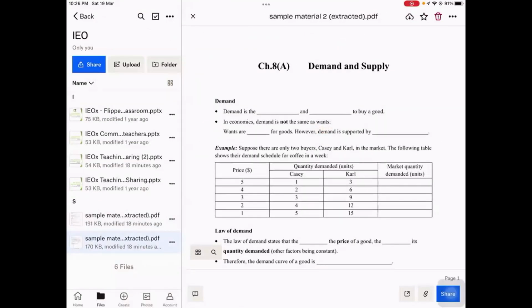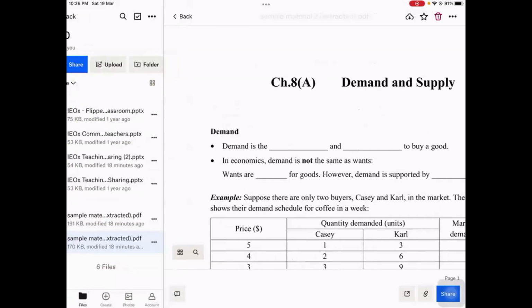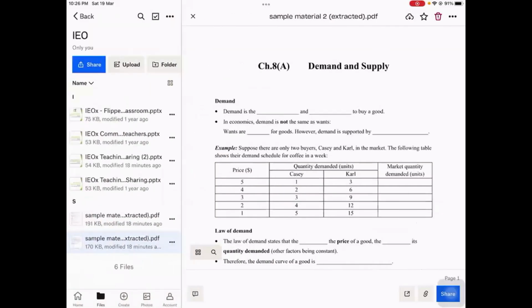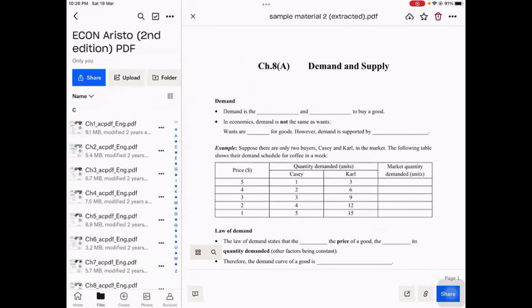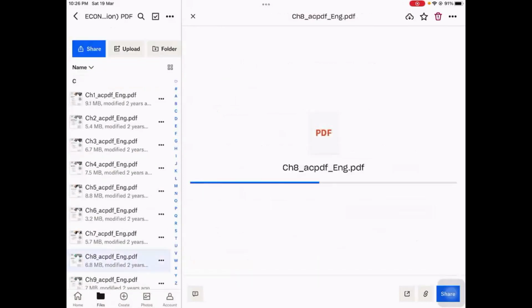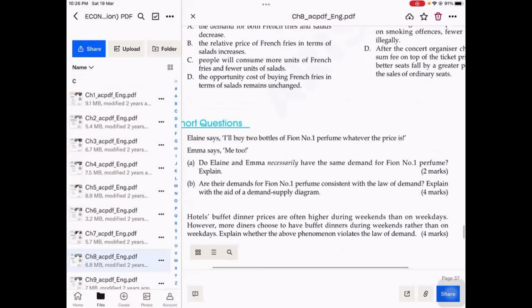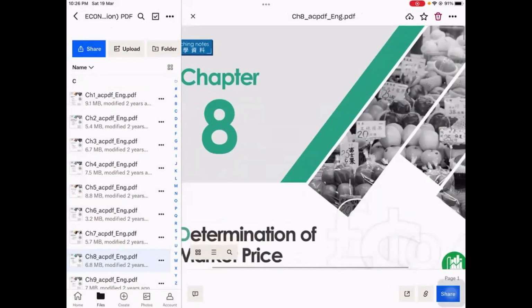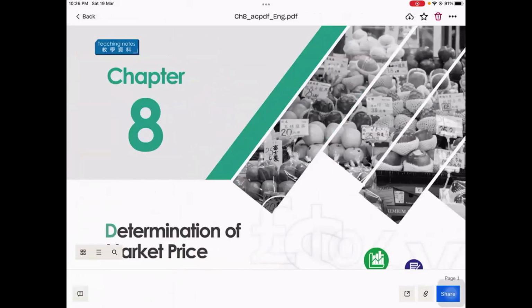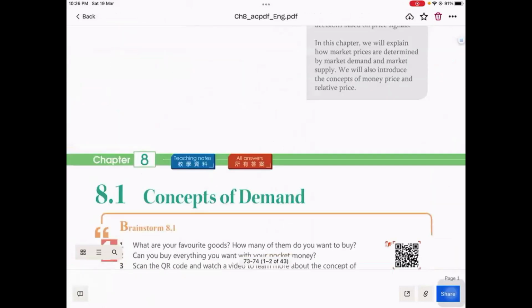In demand and supply, if you go to traditional textbooks, the chapter will be very long. I can show you how the textbook looks. Well, our textbook looks like this. You see it is very long, and it is just simply a chapter called Demand and Supply. It is very, very long.